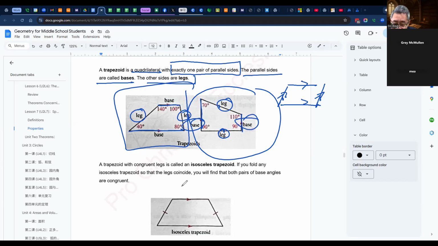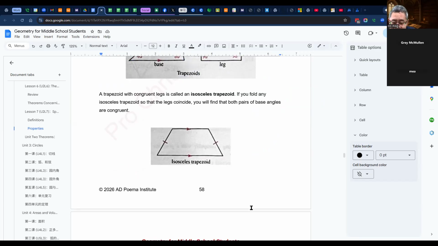And a trapezoid has a special type. It's called an isosceles trapezoid. And what makes that special is the two legs are congruent. So this side and this side are parallel to make it a trapezoid, but this leg and this leg are congruent. So that's called an isosceles trapezoid.